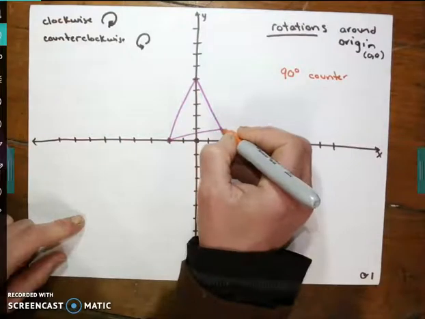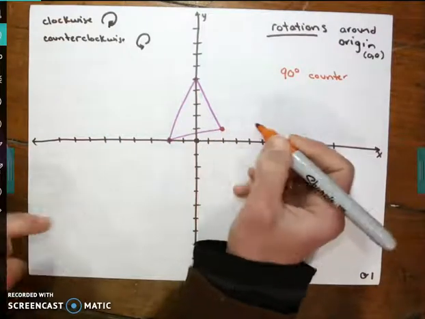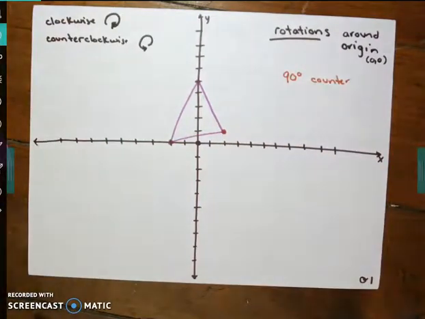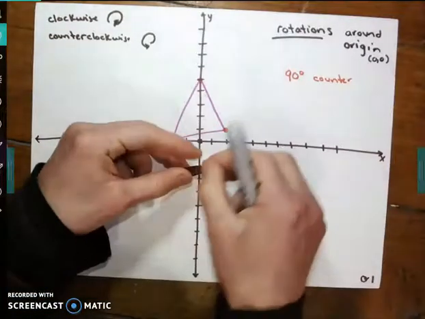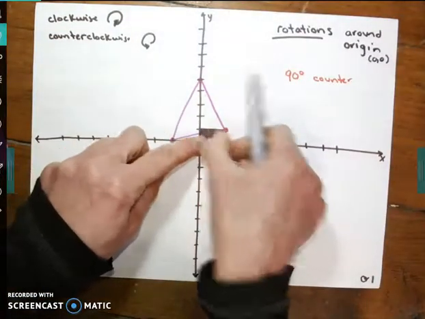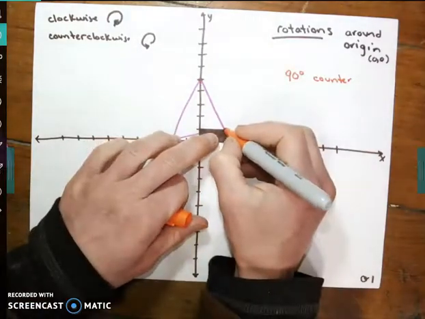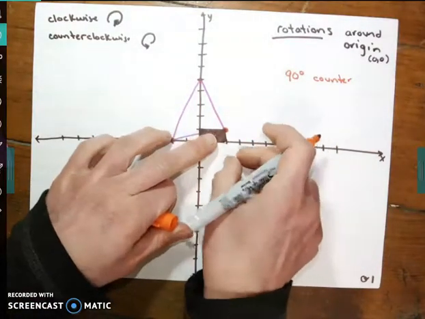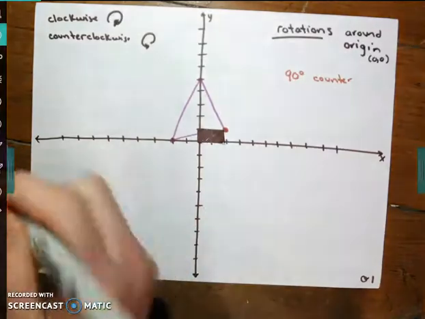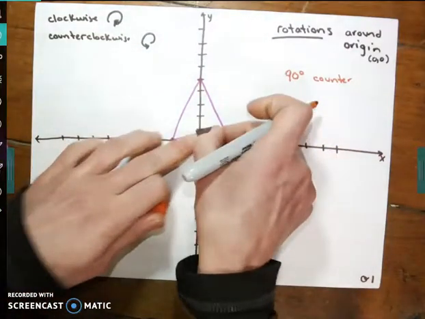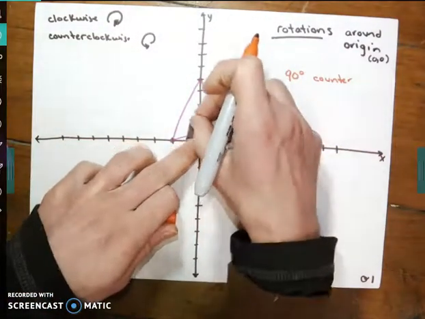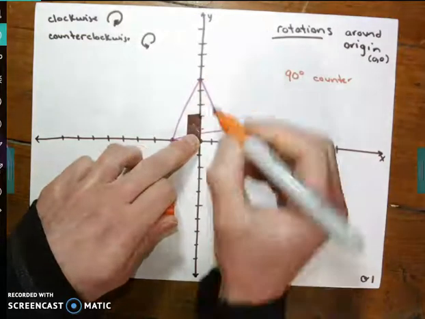So let's first just think about what happens to this point on the triangle. A good way to think about it is imagine this point as the end of a box. And then if I want to rotate that box 90 degrees counterclockwise, I just take it and I flip it this way.